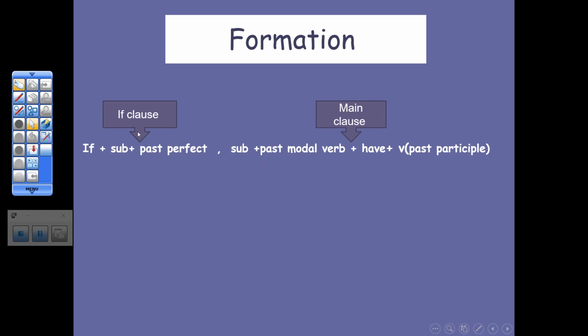The if clause consists of if, subject, past perfect. The main clause consists of subject, past modal verb, you can use would, might, could, etc., then have, and the last thing, the verb in past participle.